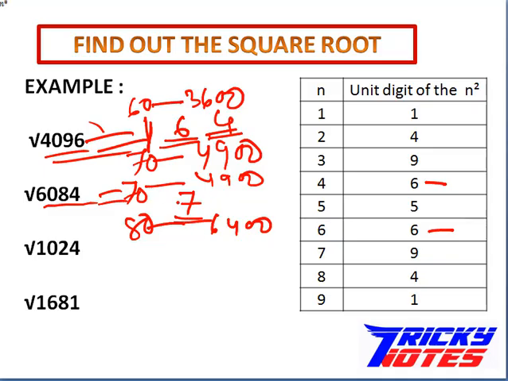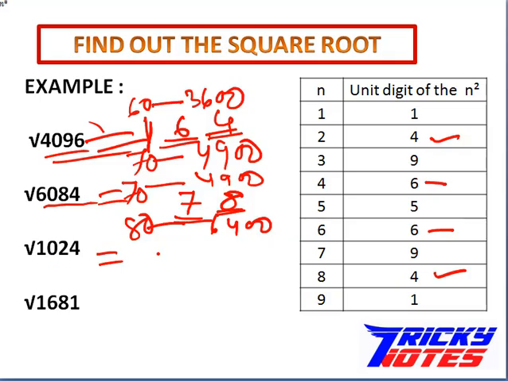Now let's find the second digit. The unit digit is 4, so the second digit can be 2 or 8. How will we know whether it is 2 or 8? Let us find which is nearer. 6084 is nearer to 6400, not to 4900. It is nearly 1100 difference from 4900, but nearly 400 difference from 6400. So this is 78. The square of 78 is 6084.